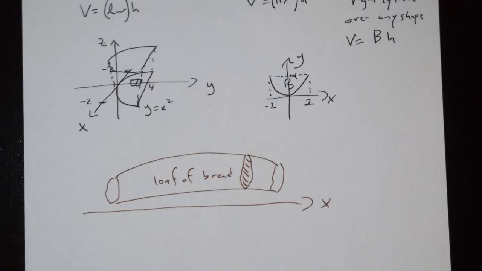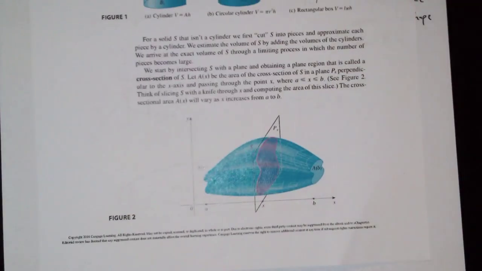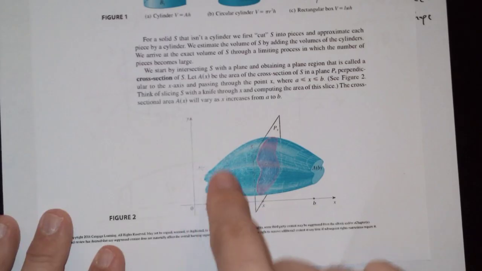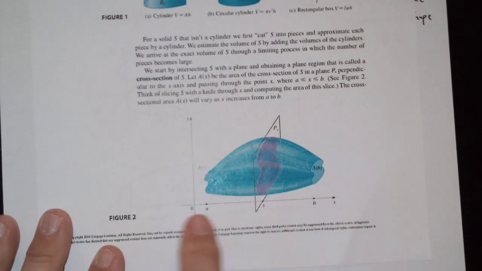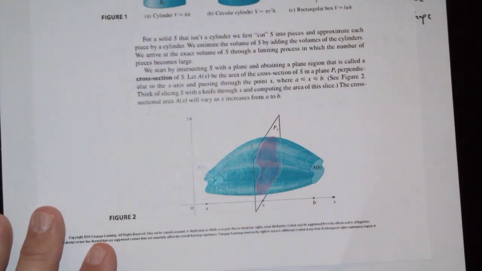Again, I'm a crap art person. Here's this loaf from end to end. I've got a shape here and I got a shape here, and I go along the x-axis and I make a slice, and there's my slice of bread.